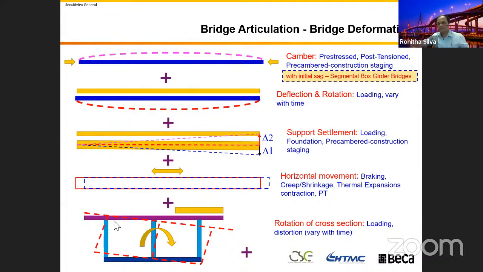Even if you use flexible box girders, especially steel, they will be rotating, and there will be rotation in the cross section, the twisting. All those things combined together give you the effect on the bridge. That we're going to translate through what we call the rubber bearing pad, or we introduce the larger bearing, the pot bearing.